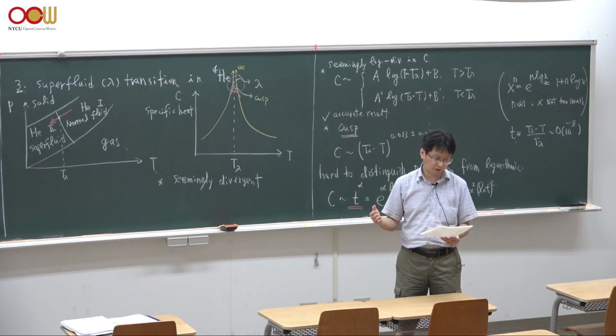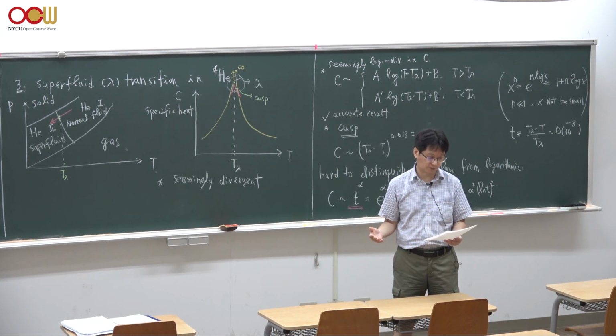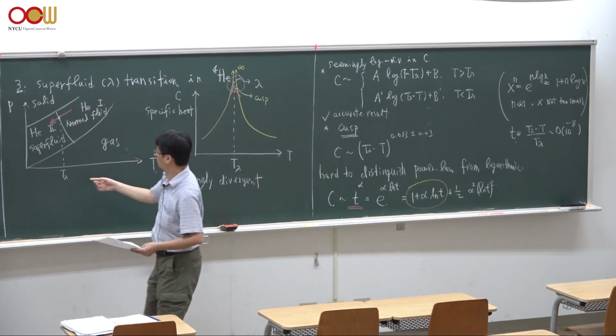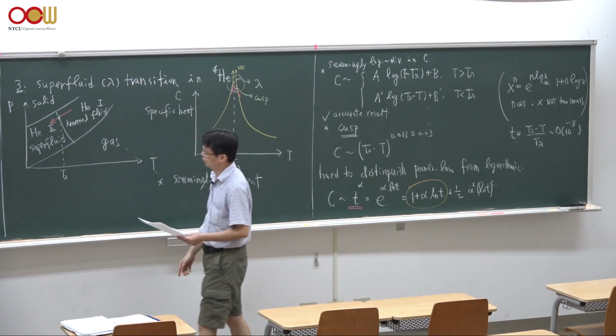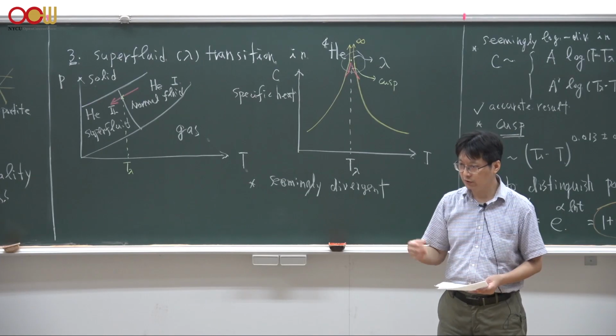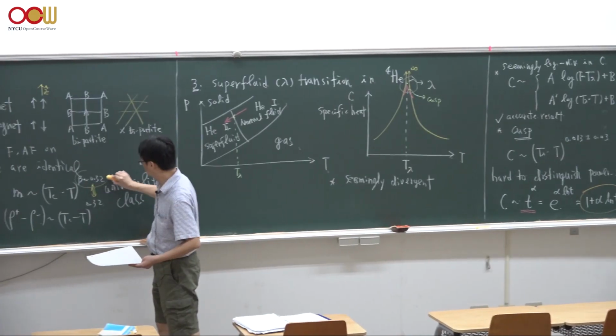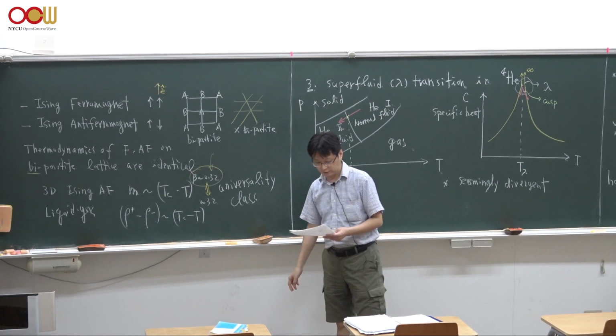And we will also ask the question, how do we calculate the phase diagram of the system as it changes as a function of tuning parameters, such as pressure or temperature? Further, we will ask how do we calculate the exponents that were observed experimentally?